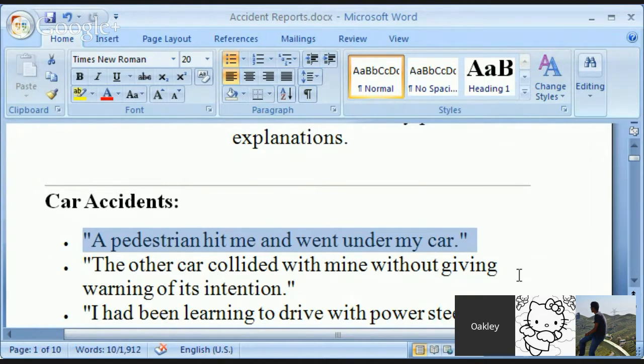How would you restate that? What does pedestrian mean? Pedestrian is a person walking on the street. So a person without any kind of vehicle, just a person, any person who's walking somewhere on the street.